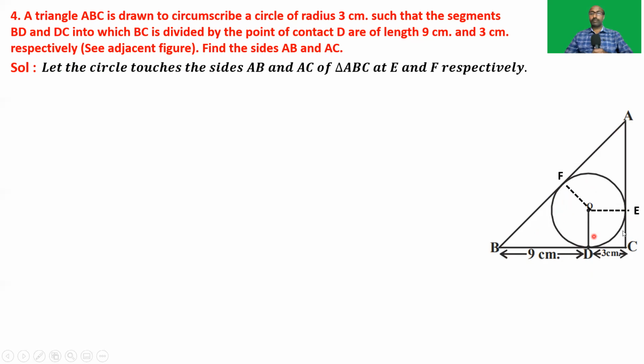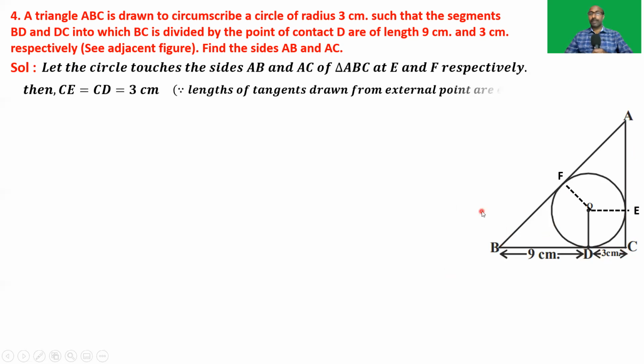Now we have CE equal to CD because the lengths of tangents drawn from an external point are equal, so CD equal to CE is equal to 3 centimeters, as well as BF is equal to BD is equal to 9 centimeters, and we don't know the values of AF and AE.